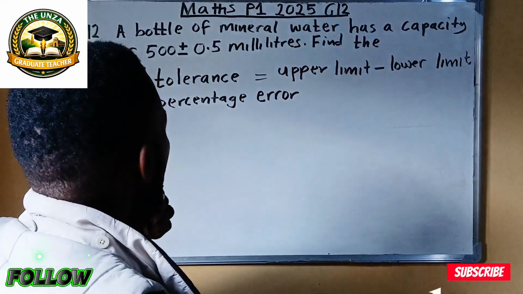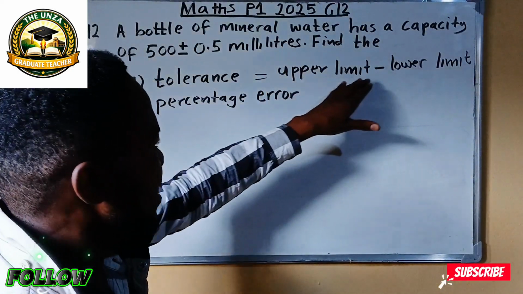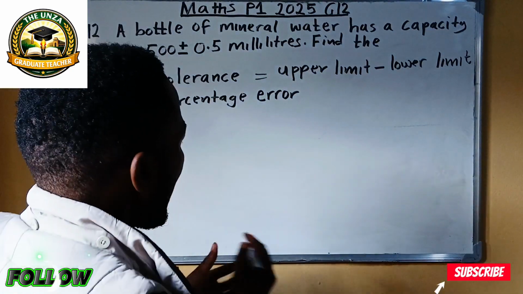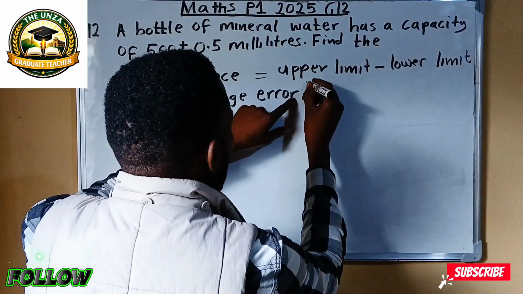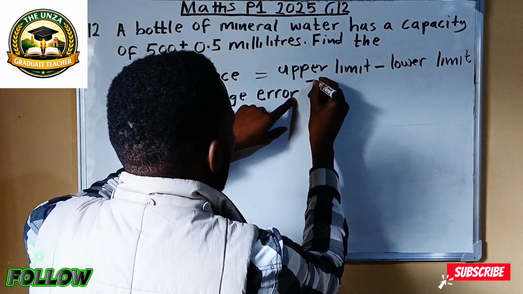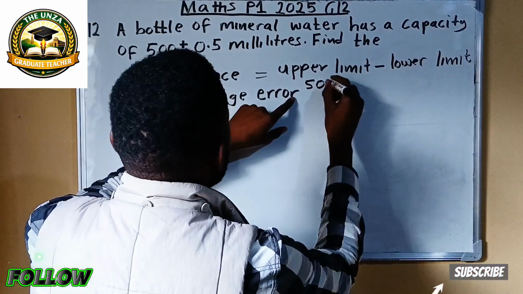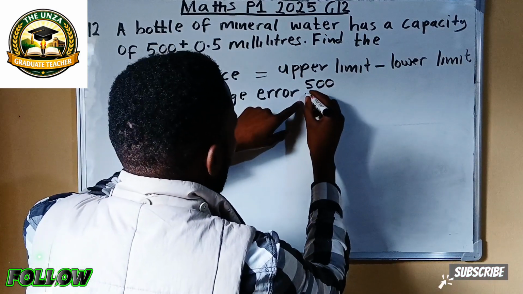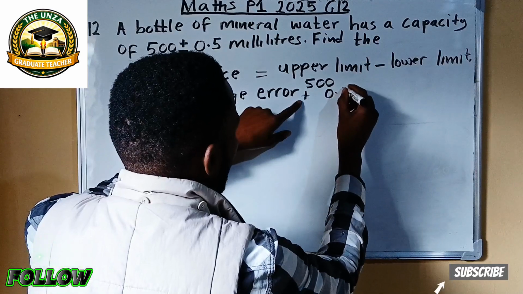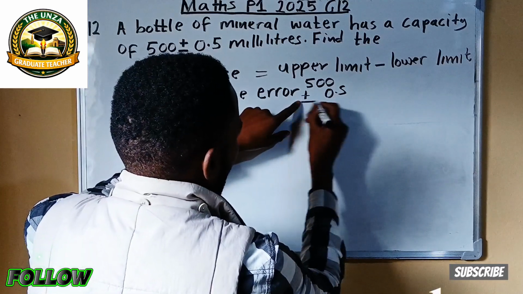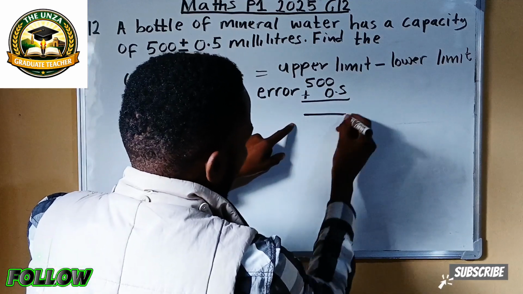So now, according to this question, for you to find the upper limit, you must get this 500, you say 500 plus 0.5. That's how you find the upper limit.